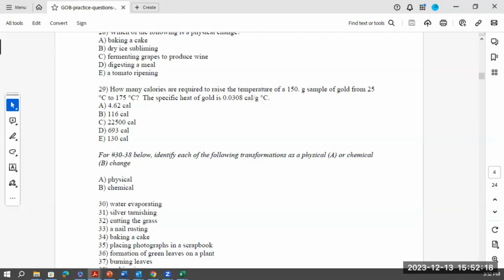So we know that the equation is Q. Q represents the heat, and it is going to be equal to mass times specific heat times delta T. Okay, and we know that delta T represents the change in temperature.